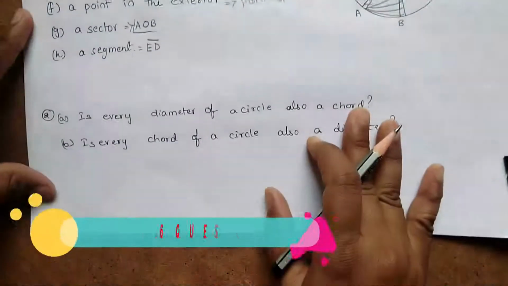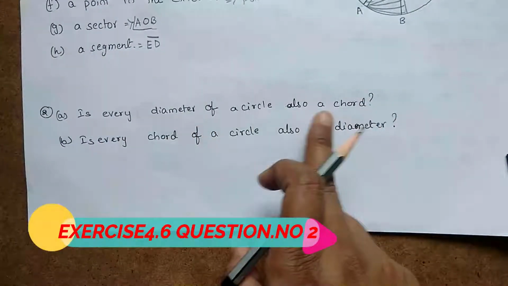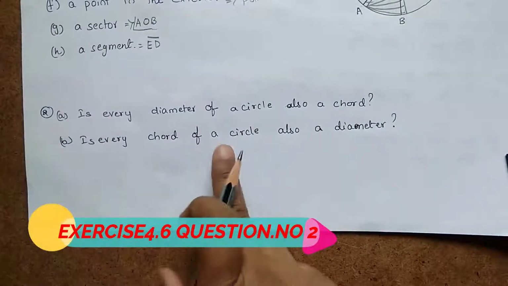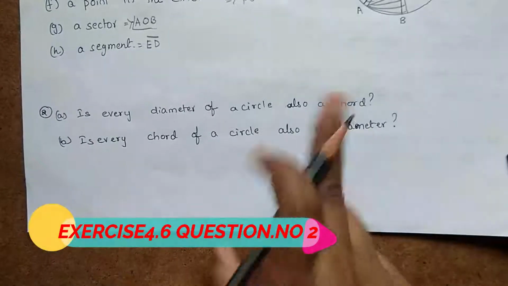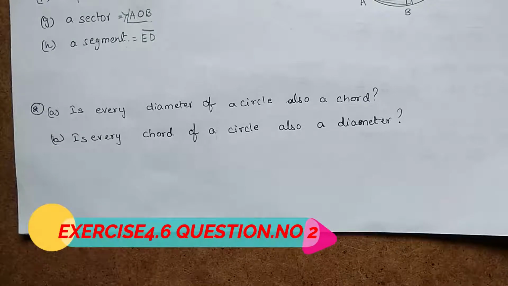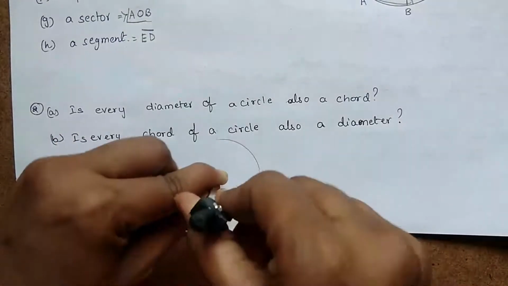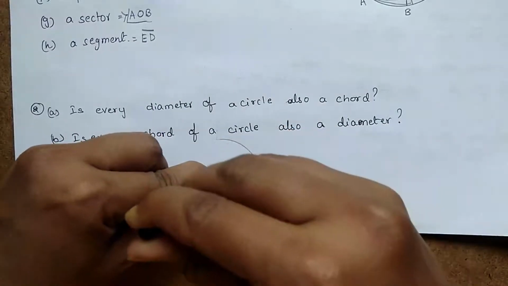Next question is: is every diameter of a circle also a chord? Is every chord of a circle also a diameter? So now let's take a small circle for analysis. I am drawing a small circle here.